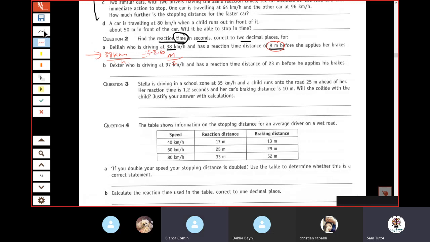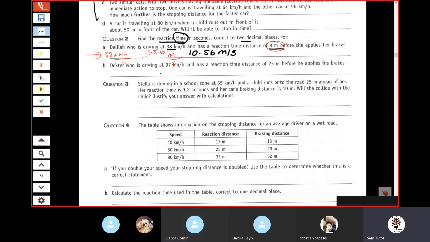The magic number is 3.6. So if we get our calculators out and do 38 divided by 3.6, the answer is about 10.56 meters per second. Can everybody confirm that they also got that? Anybody not know what I'm doing here? Okay, fair enough. So that's the trick.